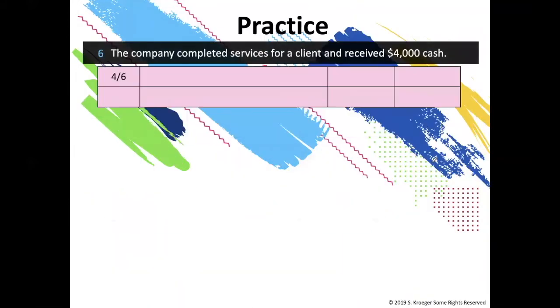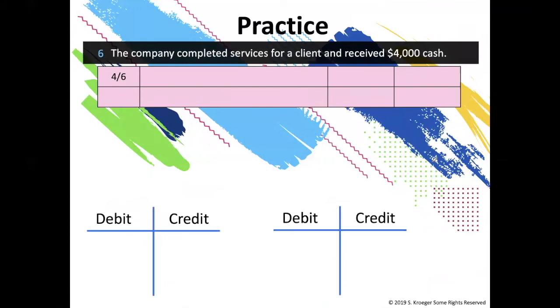On the 6th, the company completed services for a client and received $4,000 cash. This seems pretty easy. We got cash, but why did we get cash? What's it from? It's from our sales, it's from the services, it's from what a business actually does. You know, a business is there to make sales, and that's what happened here.